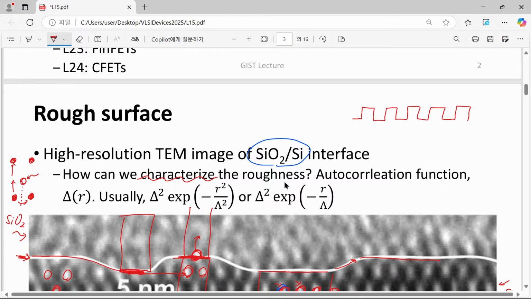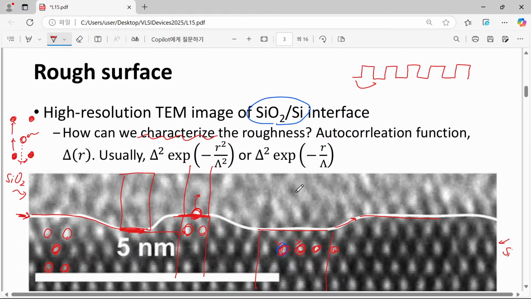Every second atomic position, we have up and down. Well, this is a well-ordered one. However, the distribution or occurrence of this up and down is really random. So we have no idea what will happen if we have a certain level. Then in the next level, will it be still flat or going up or going down?